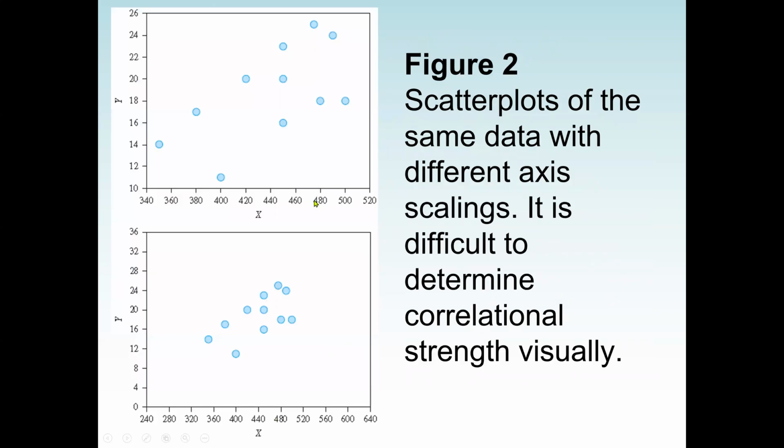Now, these two graphs are the same data, but we can see that in the bottom one there's more relationship. In the top one, there's not much relationship. We can't say it's a straight line. The data are the same, but the difference is that here we start from 340 to 520 with 20 between ticks. But here we start from 240 to 640 with 40 between.